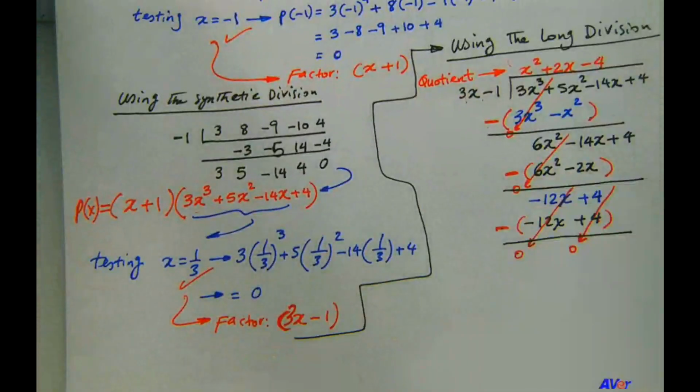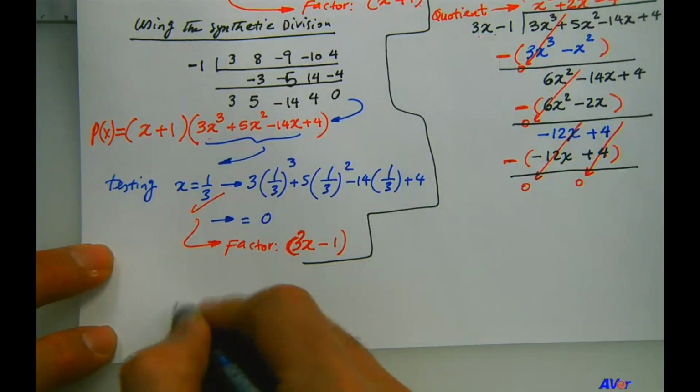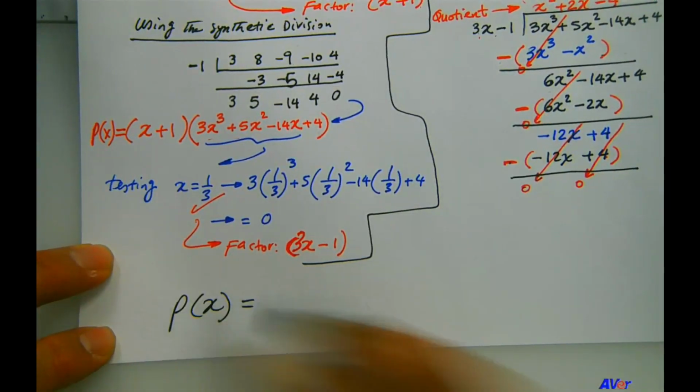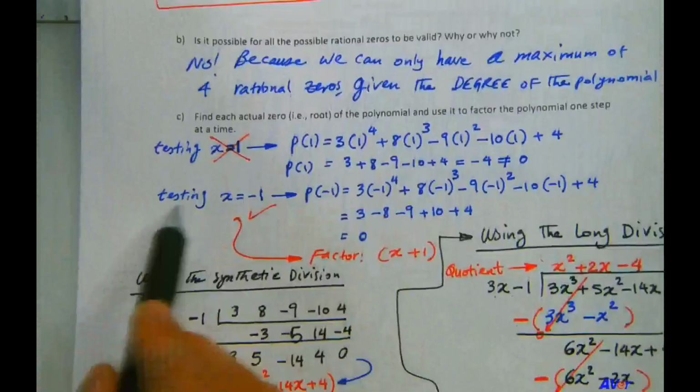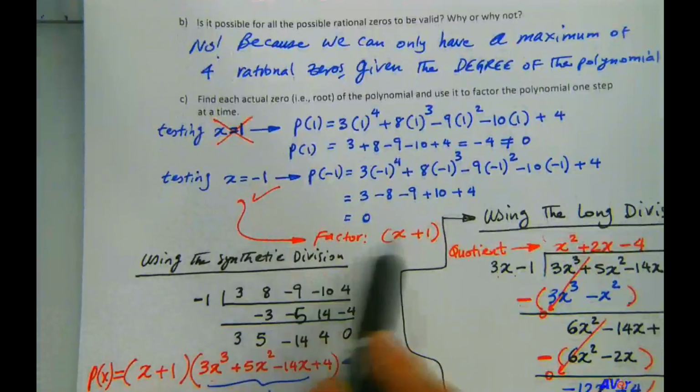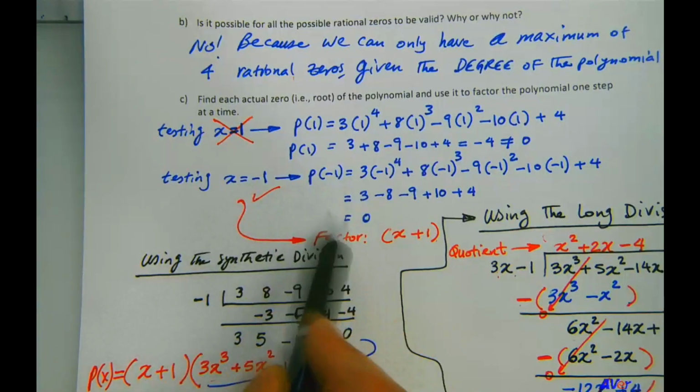Let's do that. So P of x, the original polynomial that we had, has these factors. Remember that we tested x minus 1 and it ended up making the polynomial equal to 0.